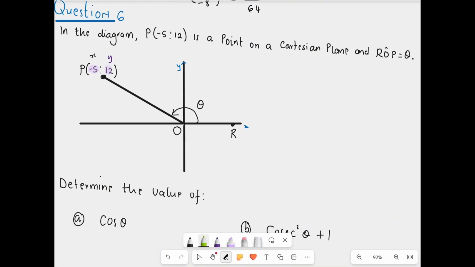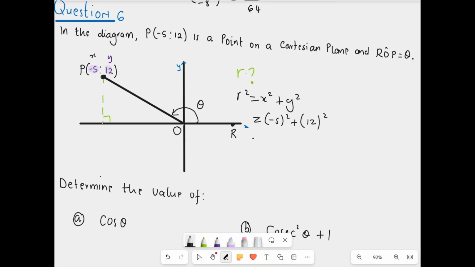We need to complete our diagram first. Remember, when you construct, you go towards your x-axis. So we construct, we put 90 here. And then we can see that the only thing that is missing in this is r. So how can we calculate r? We use Pythagoras theorem. So r squared is equal to x squared plus y squared. Now this is equal to we do have our x as negative 5 all squared, plus we do have our y as 12 all squared.